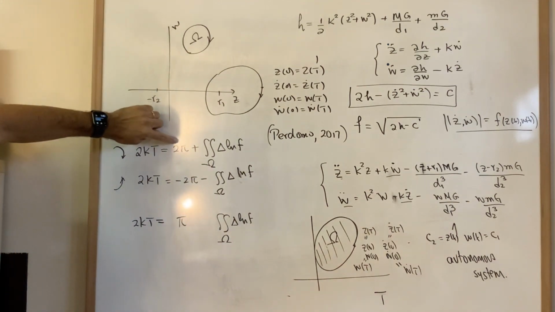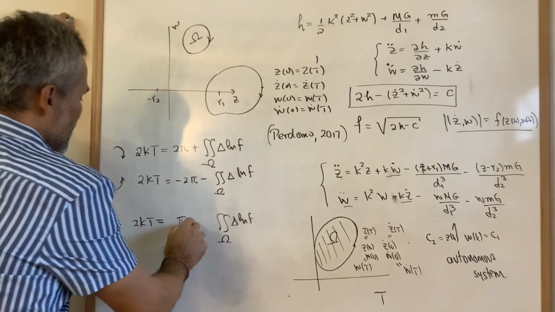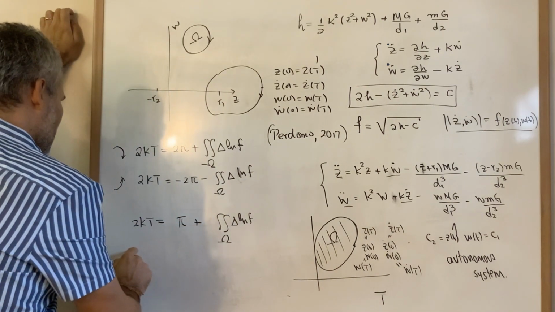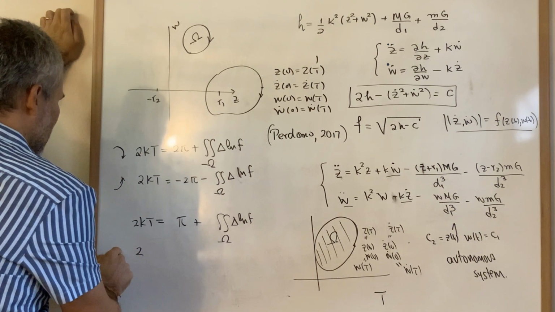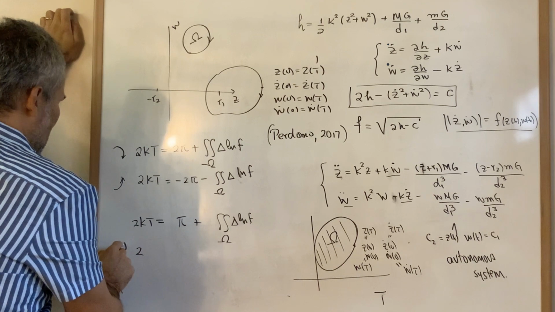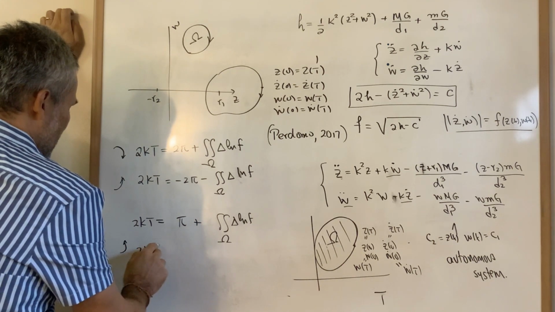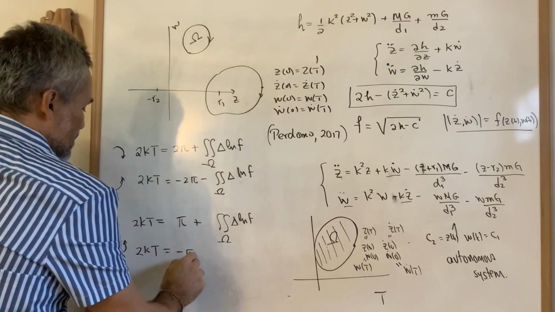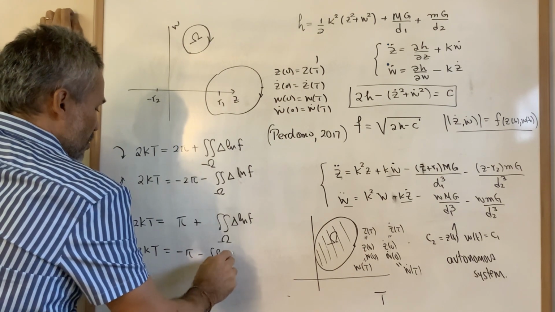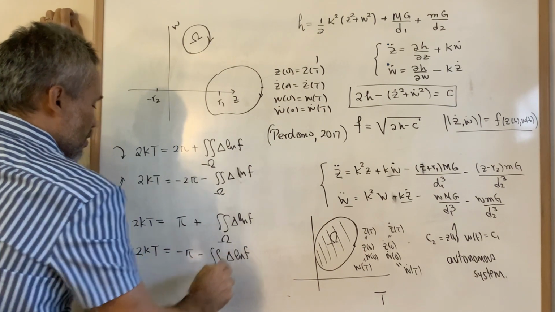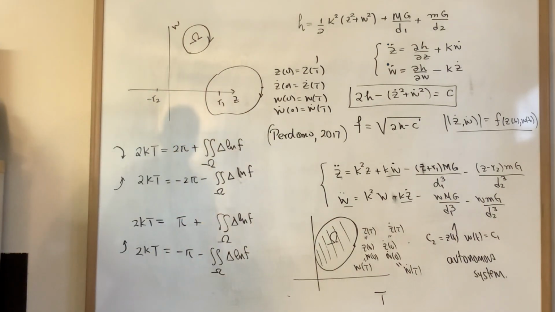The only thing that changes is that this 2 pi changes to pi. And in the other case, when the orbit goes counterclockwise, we have 2kt equal to negative pi minus the integral over omega of the Laplacian of natural log of f.